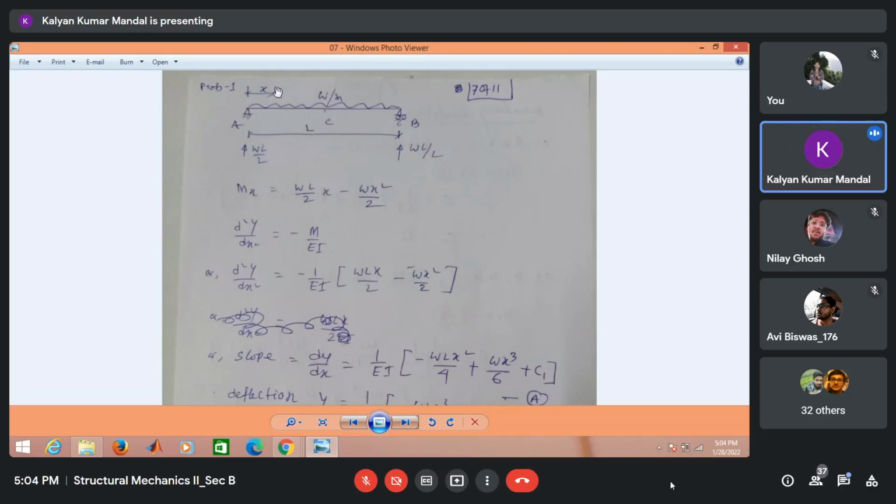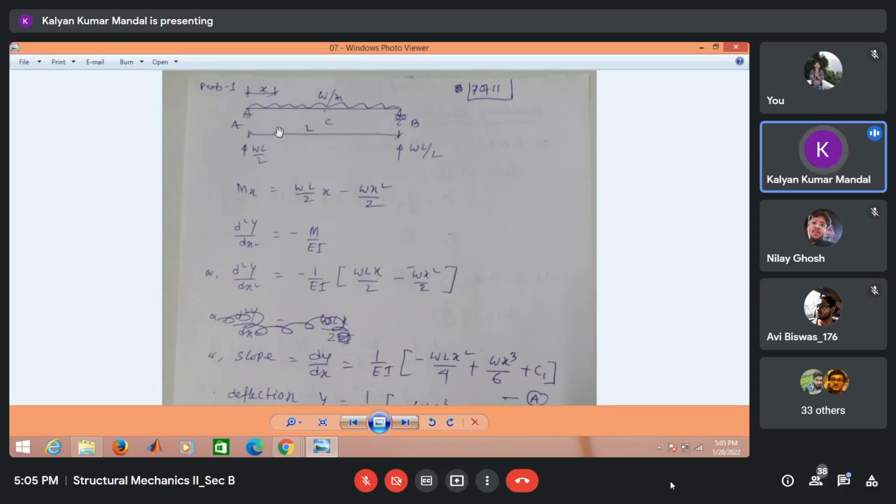We consider a point at a distance x from support A, and we try to write the expression for the bending moment as Mx. That is, Mx is the bending moment at the point at a distance x from point A. That is support reaction multiplied by distance, WL by 2 into x, minus the moment due to the load. The support reaction will generate a sagging moment, that's why it is positive.